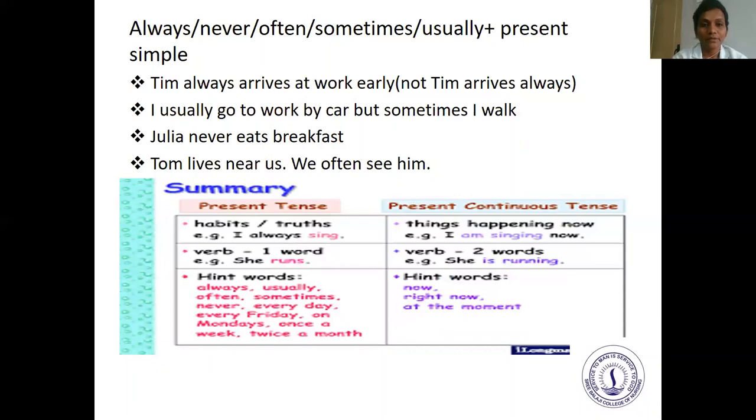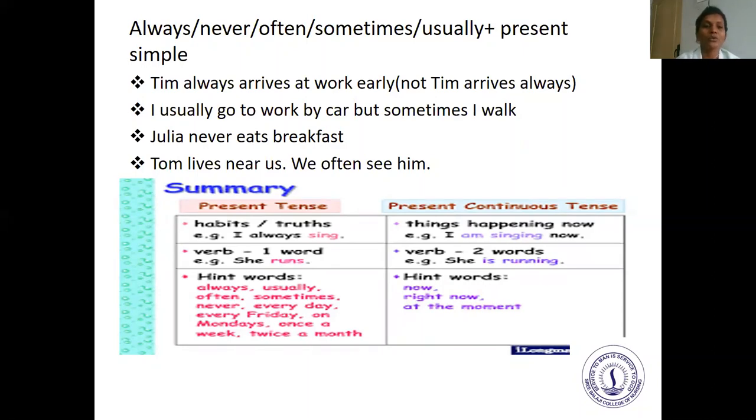Always, never, often, sometimes, usually, with present simple. Tim always arrives at work early. Don't say Tim arrives always. So always will come before the verb. I usually go to work by car, but sometimes I walk.